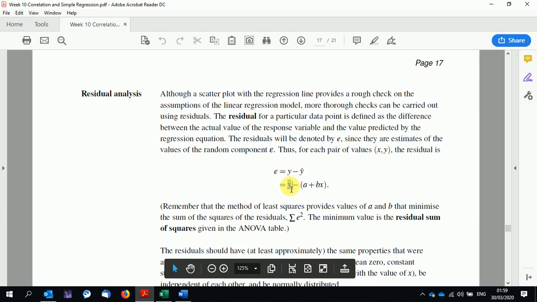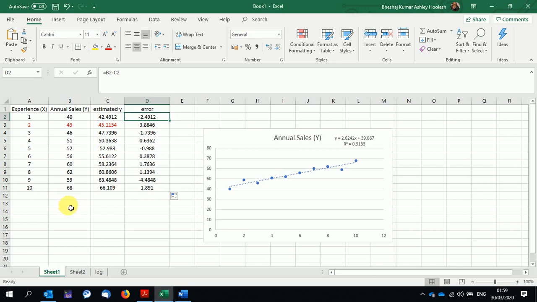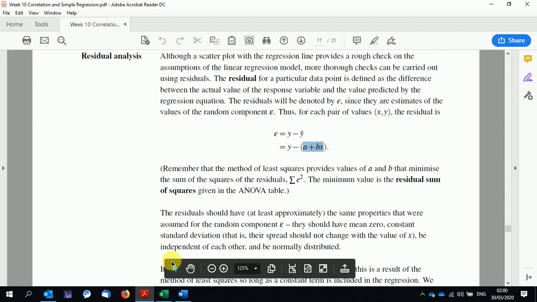Error is equal to the true value here, B2, minus the value that I got from the straight line, C2, which, see how I got it here. So C2. This is how I got the straight line. So that's what residual error is.